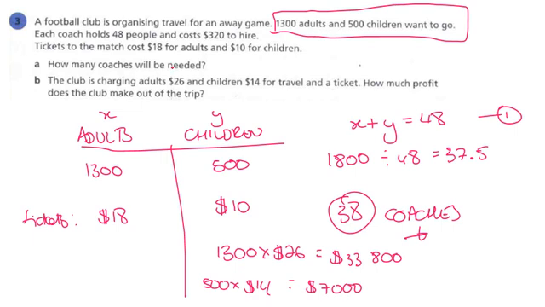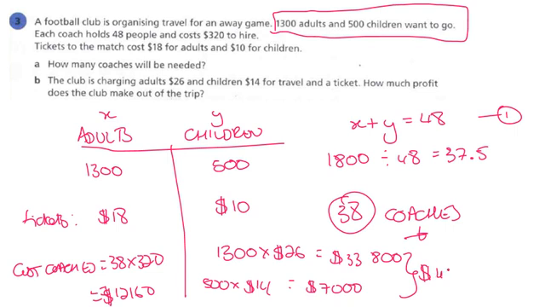Now, each coach costs $320 to hire. So the cost of the coaches will be 38 coaches times 320, which is $12,160. And the total cost for travel and a ticket will be $33,800 plus 7,000.